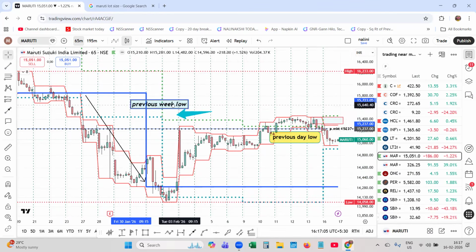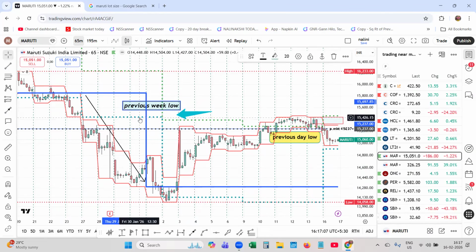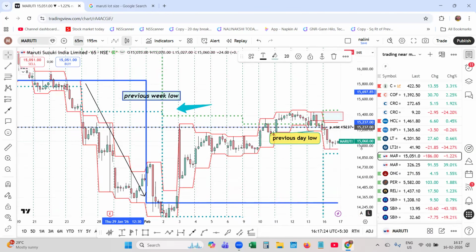This one is my indicator, the Nalini EMA indicator. It tells me this was the previous week low, this is the previous month high, and this is the previous month low. So from the low of the month, it rallied and pulled back here.